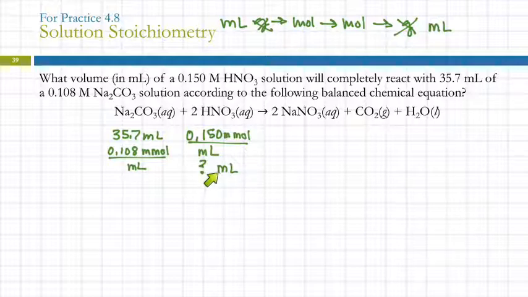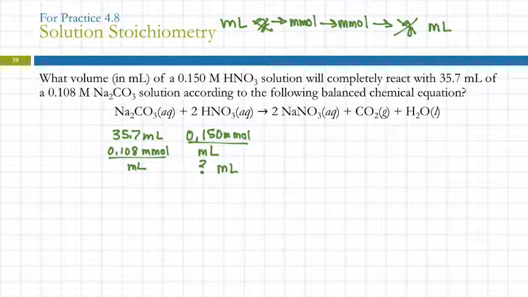And then I'm going to end up with milliliters down here. So what I'm doing in my path is instead of moles, I'm going to do millimoles. And I need to do this one too. So milliliters to millimoles to millimoles to milliliters.